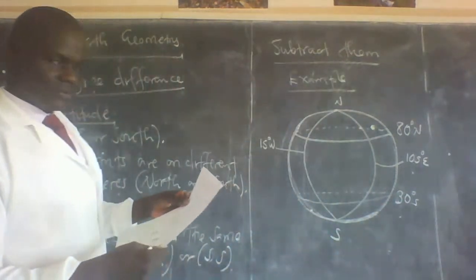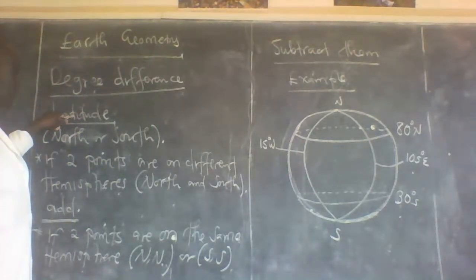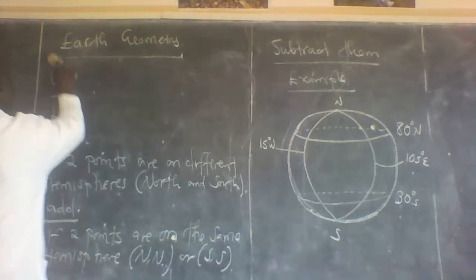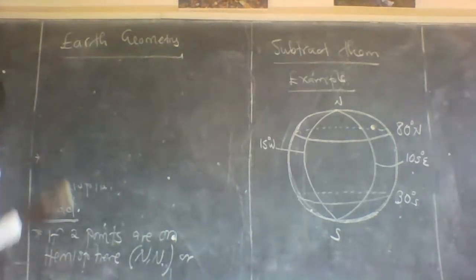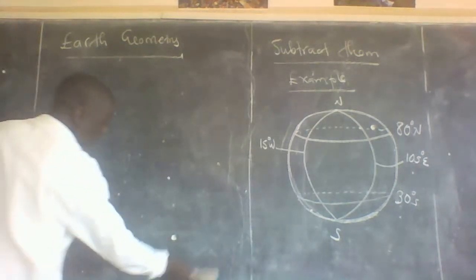Now we're considering the latitudes. How do you find the difference between the points that are on the same side or on different sides? So let's consider those points.